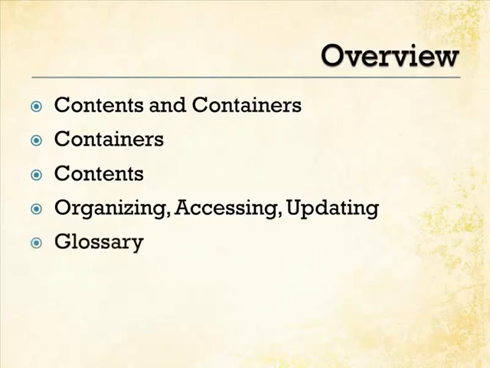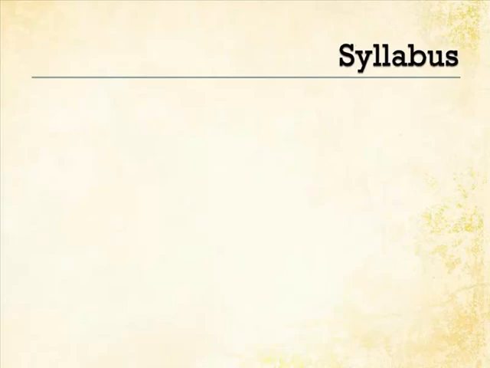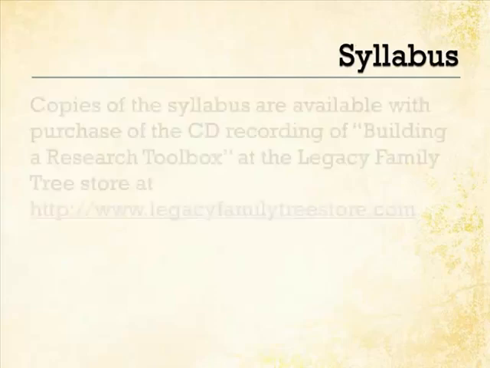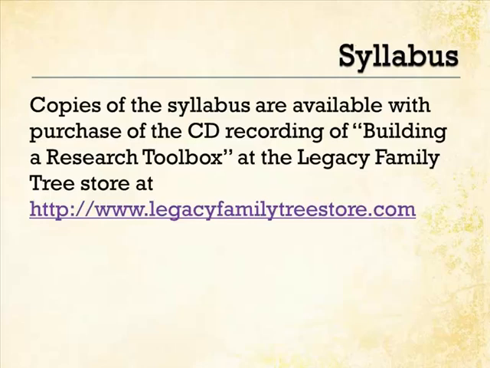The syllabus does come with a glossary for all the terminology, and I'm looking at the syllabus, and I think, oh wow, I have almost 25 links to different types of containers and ways to organize your toolbox. So the syllabus is available on the CD recording, and Jeff, that'll be available probably later today or tomorrow, correct?